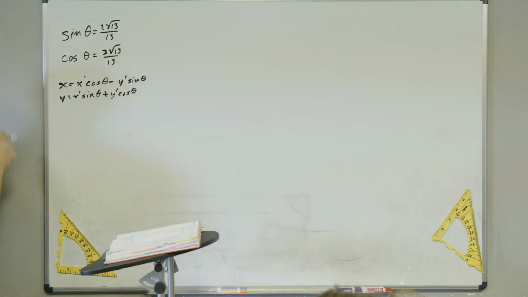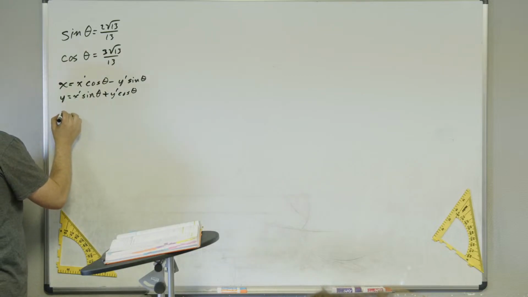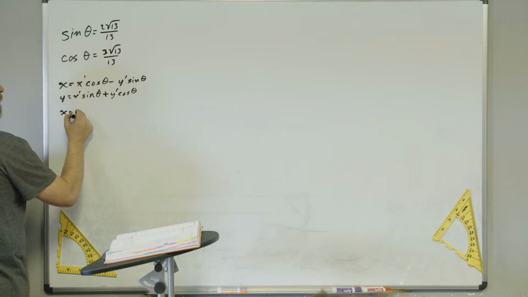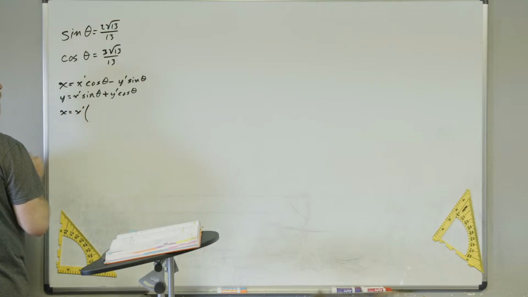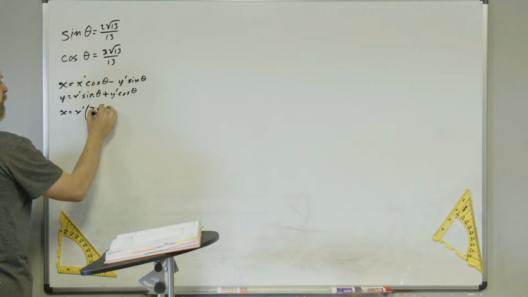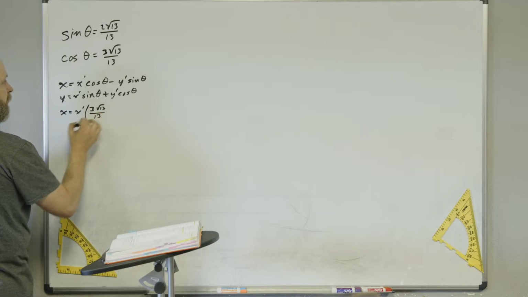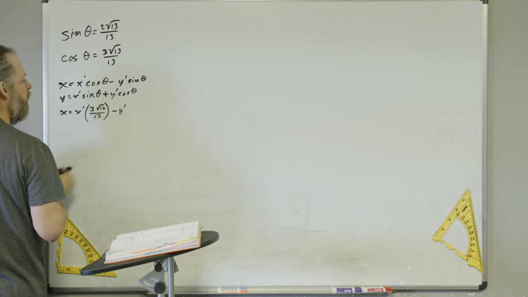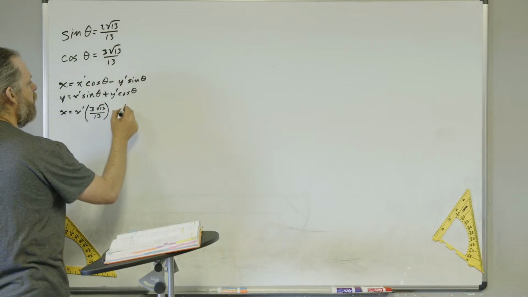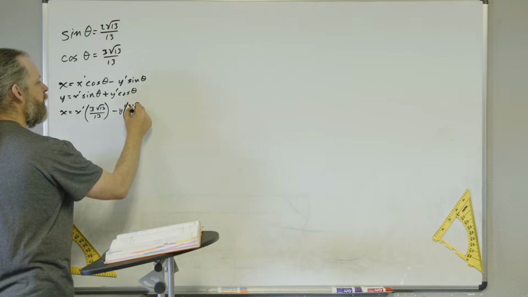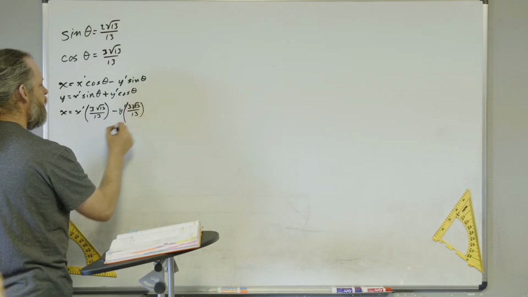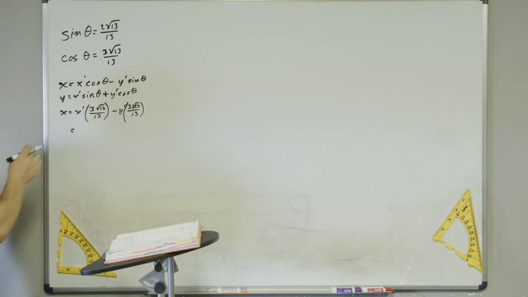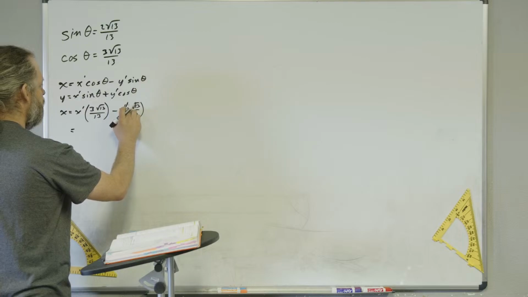So x equals x prime times 3 times the square root of 13 over 13 minus y prime times 2 square root of 13 over 13.